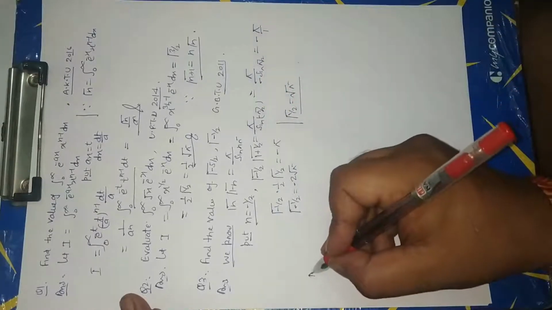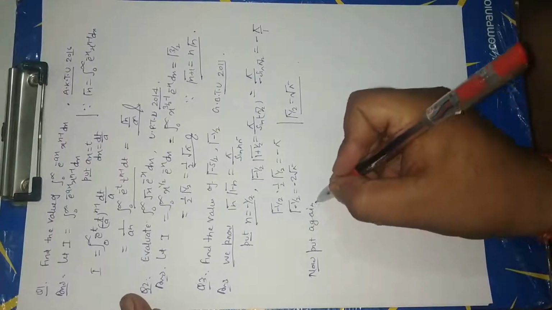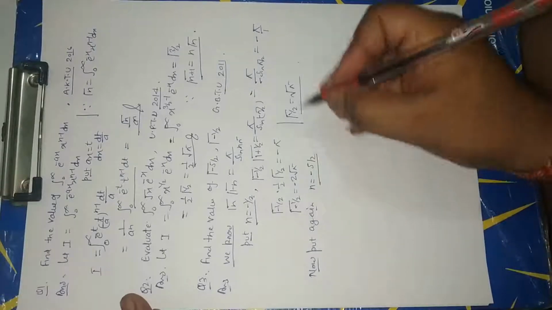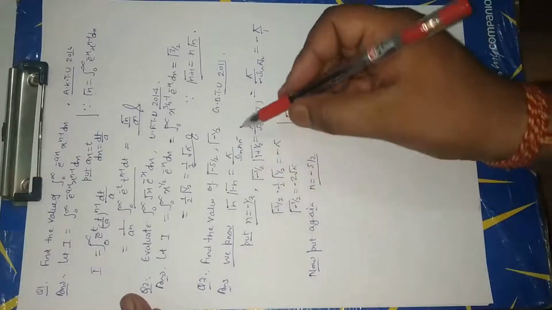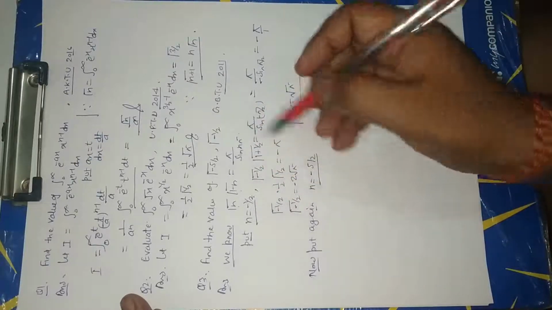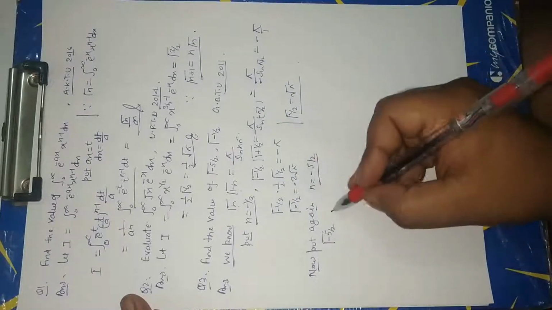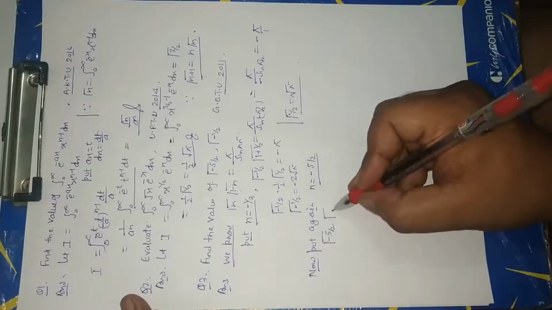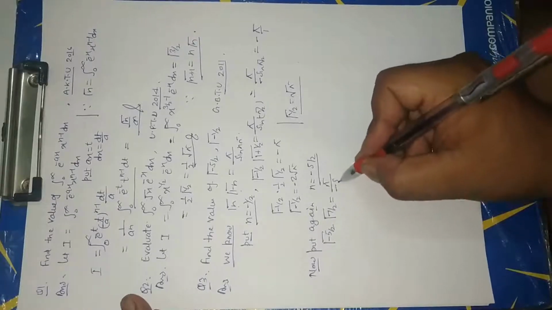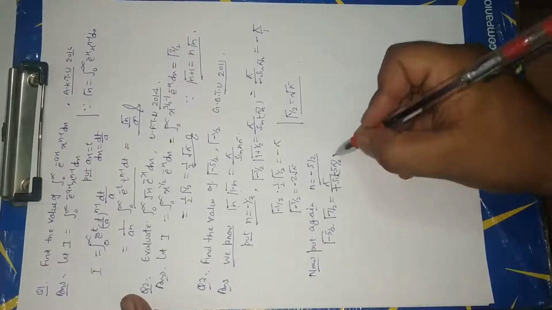Now put again n is equal to minus 5 by 2 in the given expression, gamma n, gamma 1 minus n equal to pi upon sin n pi, that is gamma minus 5 by 2, gamma 7 by 2, equal to pi upon sin minus 5 pi by 2, minus in the angle.